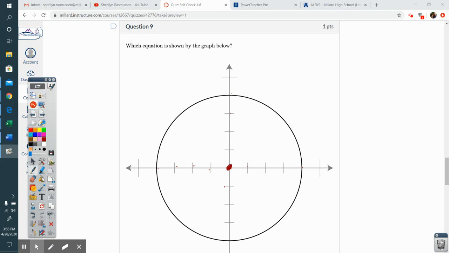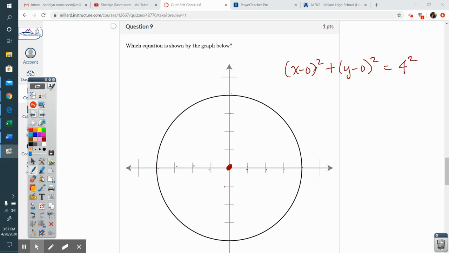So the center is at 0, 0. So the equation would be x minus 0 squared plus y minus 0 squared equals the radius, which is 1, 2, 3, 4, squared.